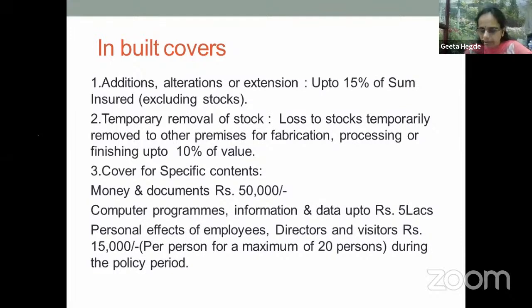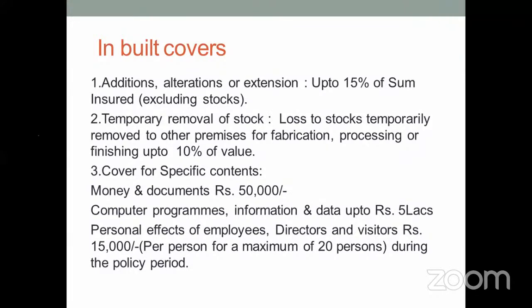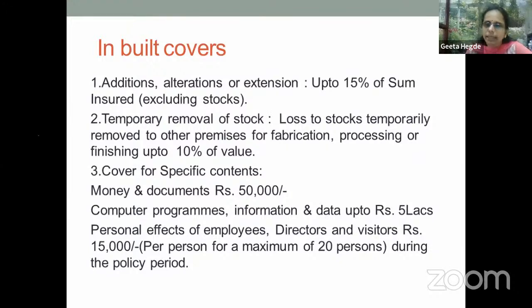Is that clear? The sum insured limit is for taking the policy at the inception of the policy and not during the currency of the policy. During the currency of the policy it can cross, that is allowed.